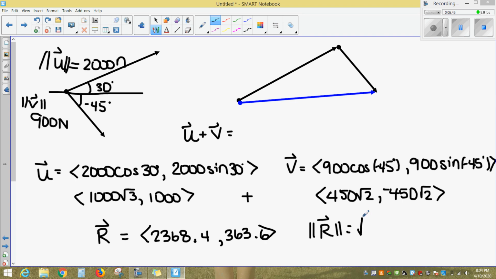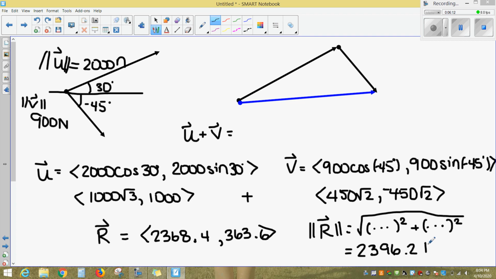then I'm going to take the square root of this 2,368.4 squared plus the 363.6 squared, and in the end I'm going to take the square root. I don't have room to write all that, so those are the numbers that go in there. That resultant vector has magnitude of 2,396.2.